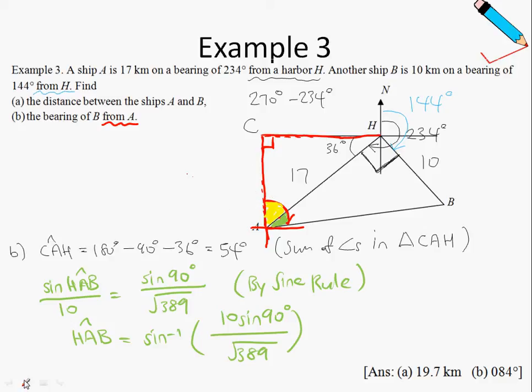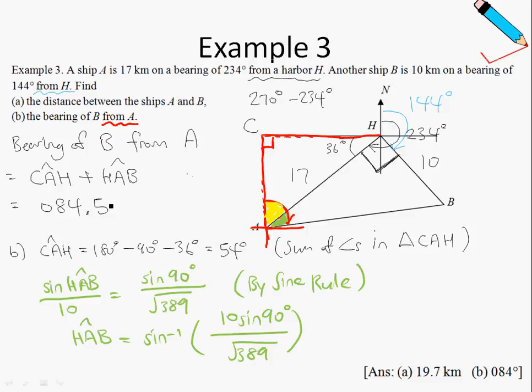So the bearing of B from A is equal to angle CAH plus angle HAB. Taking the values that we have earlier, and if you round it off, you just get 084 degrees to 1 decimal place. So this answer here is wrong. It should be 084 degrees.